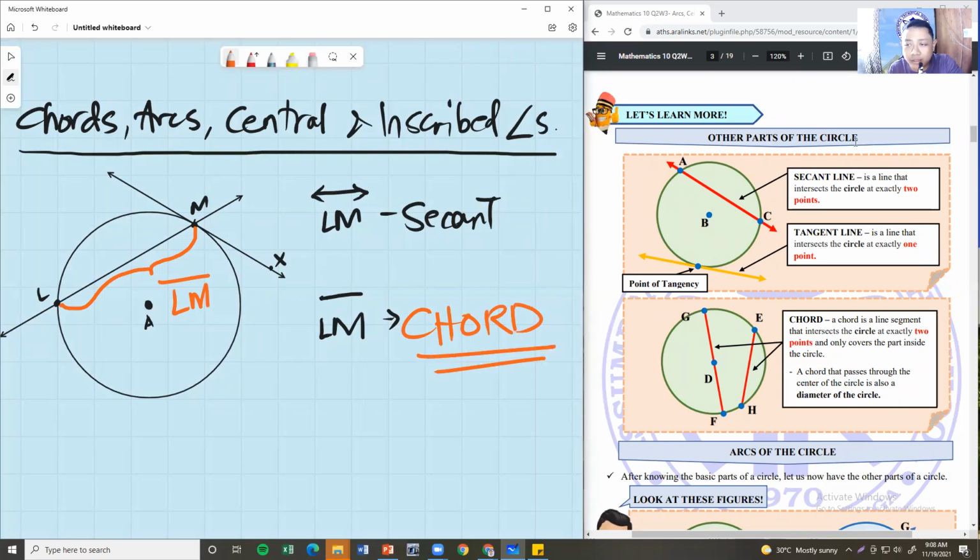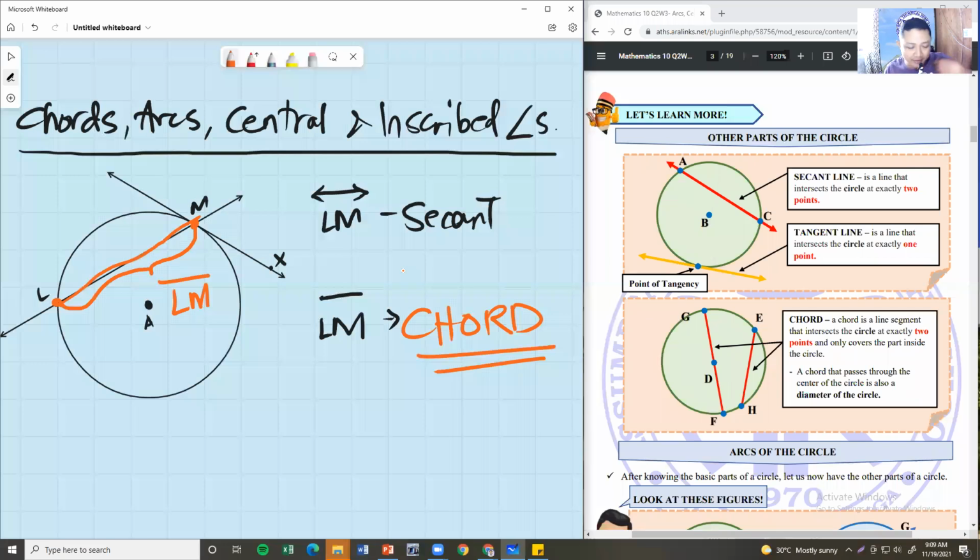When we say chord, the endpoints are points on the circle. So therefore, in here, even if the line is extending, since it's in our symbol, we are only referring from this point to this point. Therefore, this line segment is what we call the chord. And the endpoints are points on the circle.